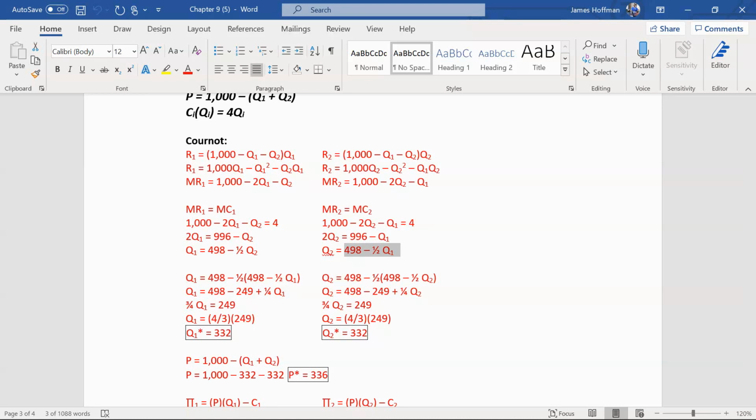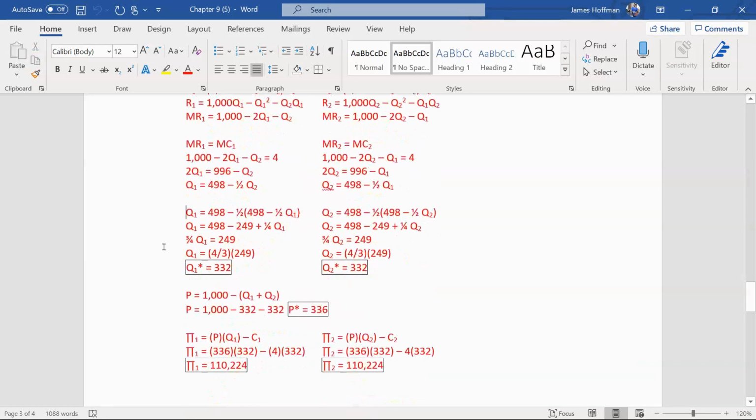Okay, so we have both firms' reaction functions. Now we're going to solve for both firms' outputs by plugging the other firm's reaction function into that firm's reaction function. Alright, here we go. So firm 1, 498 minus 1/2, plug in firm 2's reaction function of 498 minus 1/2 Q1.